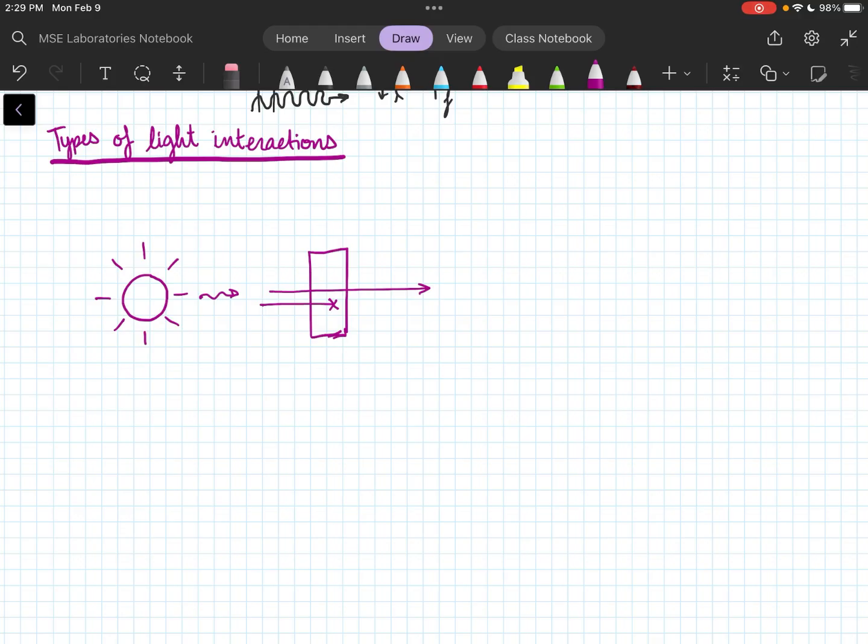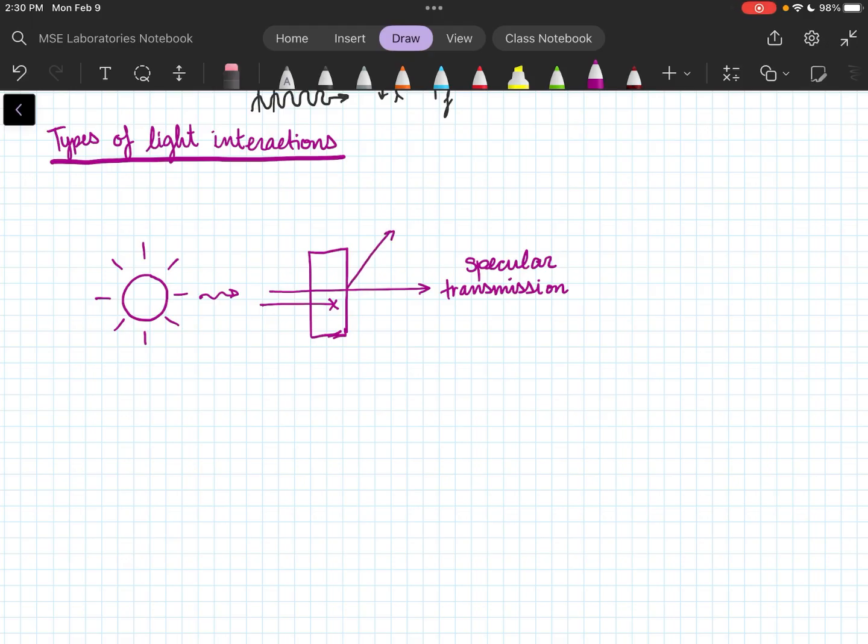Let's talk about going through first. Going through is called transmission. And that is the light passing through the material. We can have something called specular transmission, which means that the light goes straight through, just like how I've drawn it.